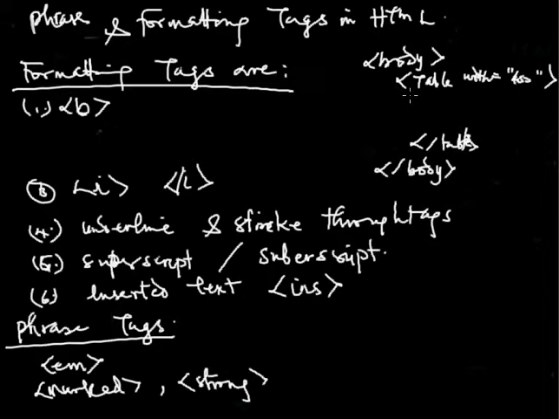Then you have the table row. You close the table row. You open another table row and you close that table row. That means you have two table rows.